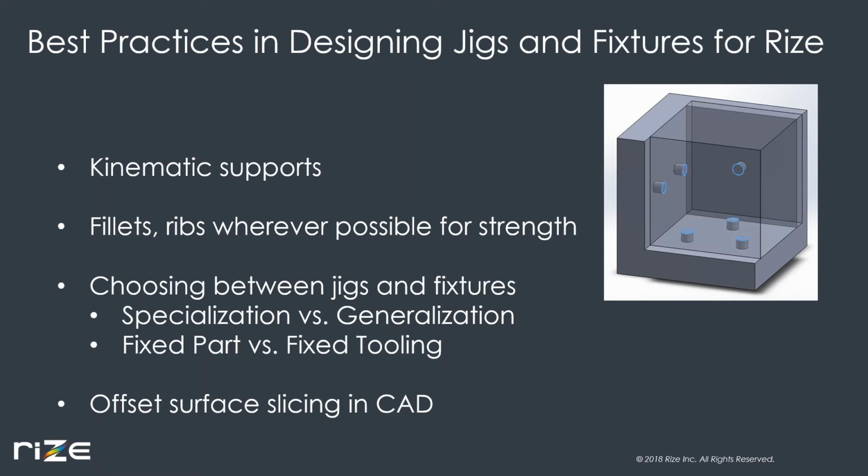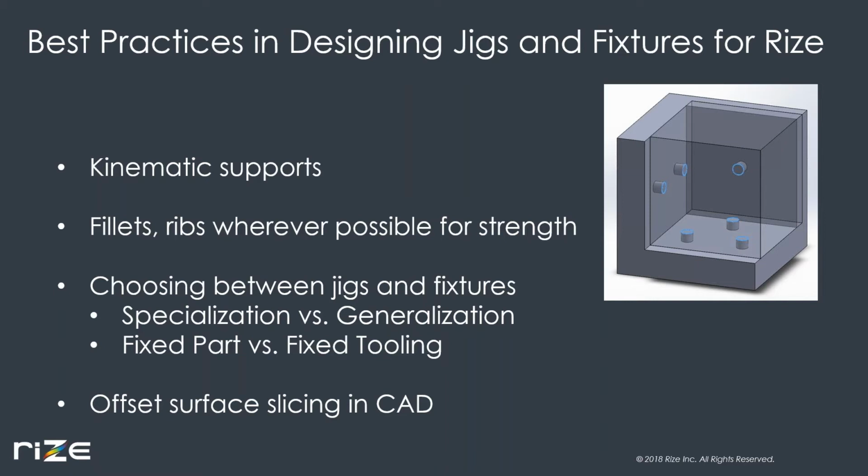Remember that when using kinematic supports, the key is to use the minimum number necessary to achieve a deterministic position. For example, to support a basic cube as shown, this would mean using 3 supports on one surface, 2 on a second, and 1 on a third, with forces acting on the other surfaces to hold it in place.